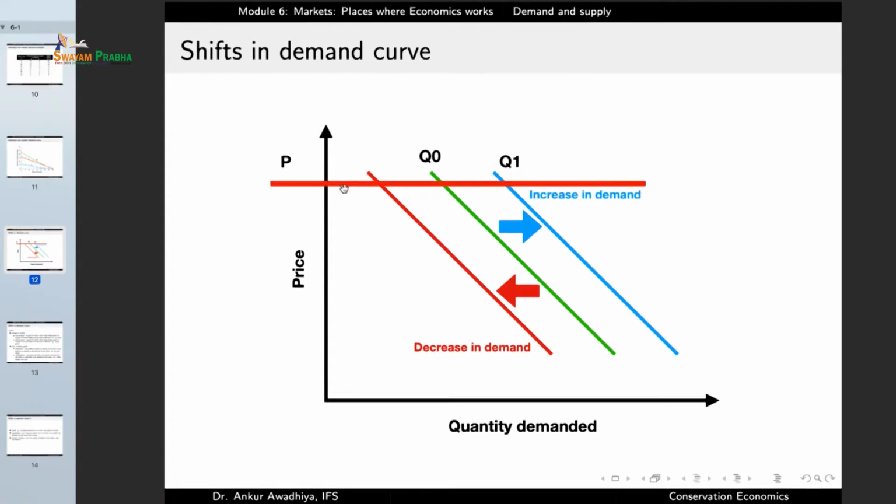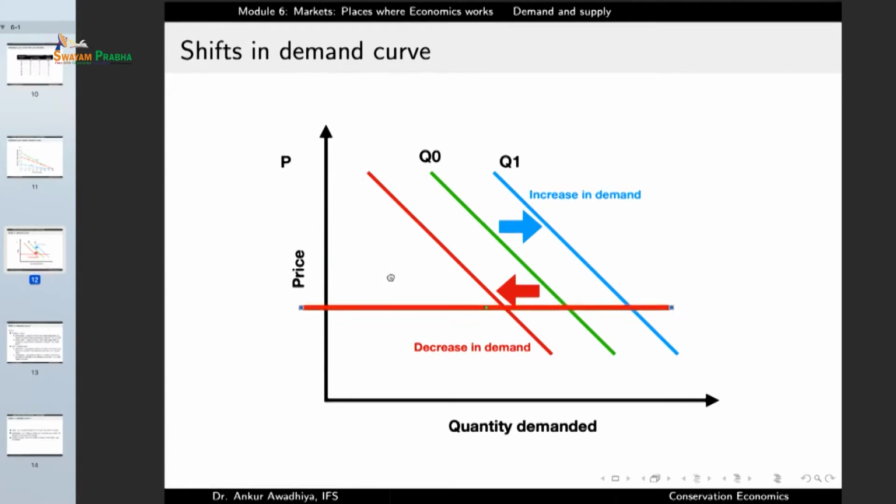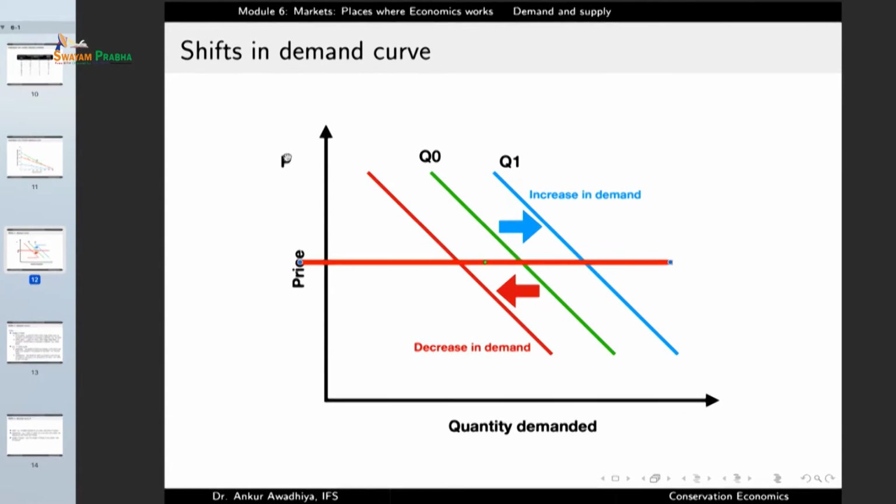So in place of this price, if we shift to another price, if this is P, this is Q0, and this is Q1, the quantity that is demanded at this price has also increased. You take any price, and when there is an increase in demand, the quantity demanded will increase. And we represent it on the curve as the curve shifting to the right.